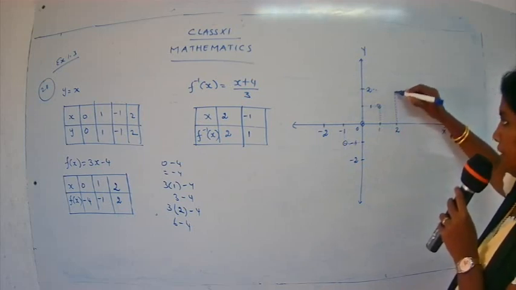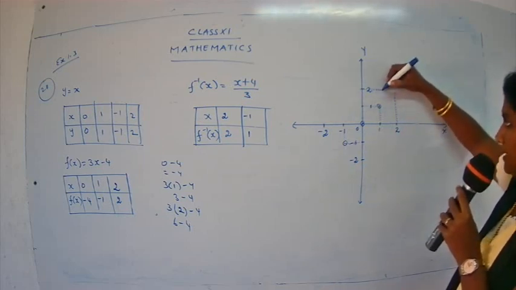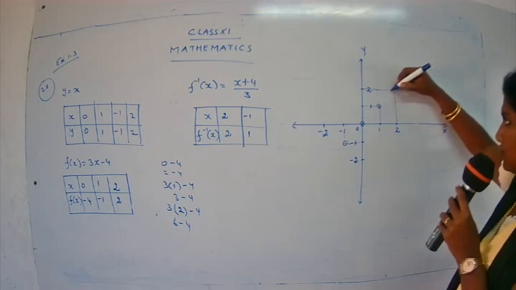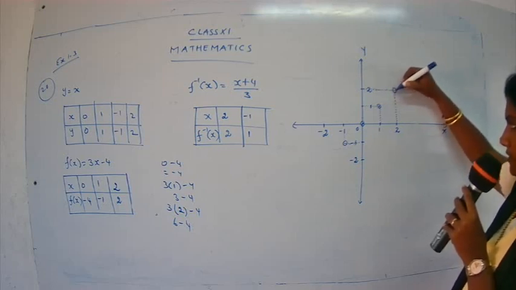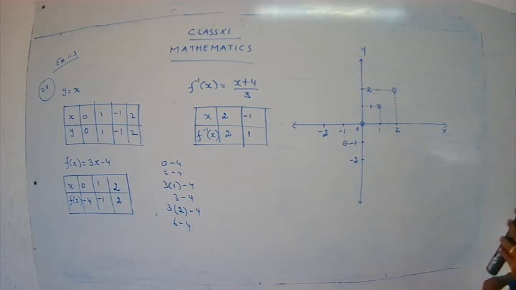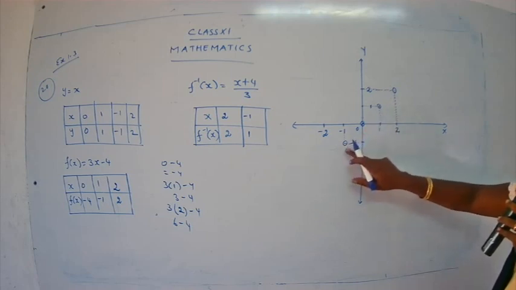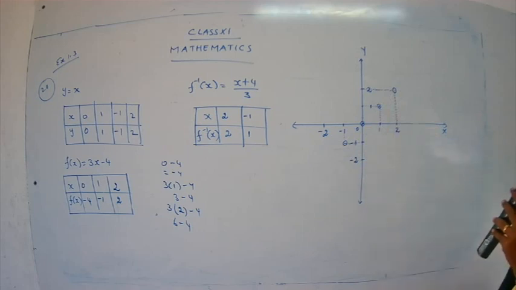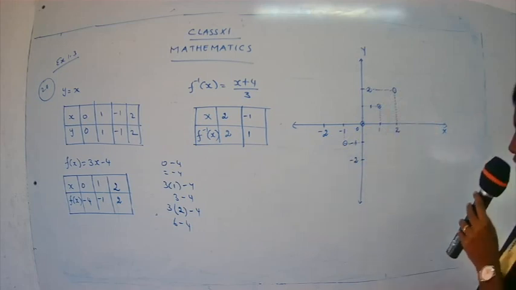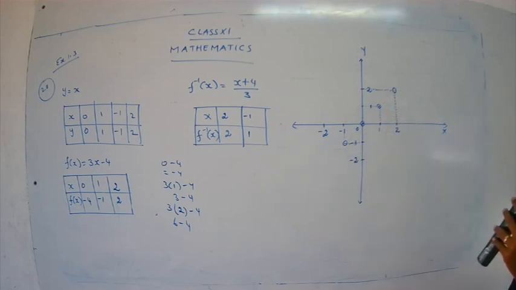Plot the points carefully. Use your scales to draw the lines so that your line is straight. So now what are you going to do? I have plotted all the points 0, 0, 1, 1, minus 1, minus 1, 2, 2. Now try to join it properly using your scale.